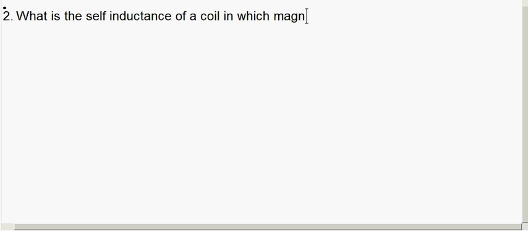What is the self-inductance of a coil in which magnetic flux of 40 milliweber is produced when 2 ampere current flows through it.